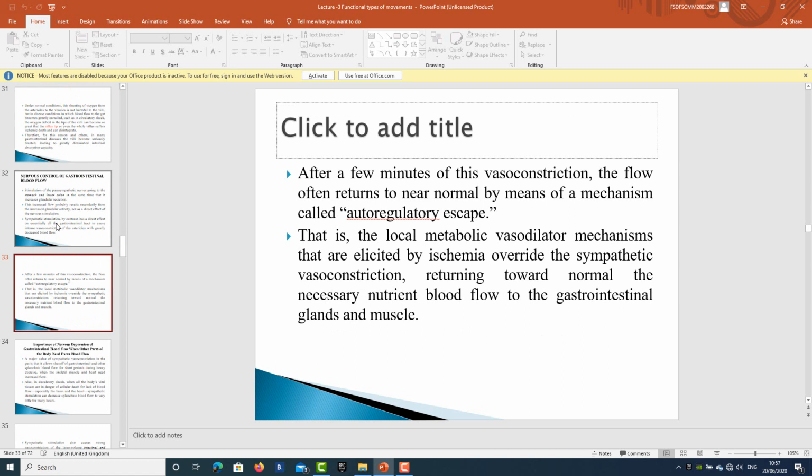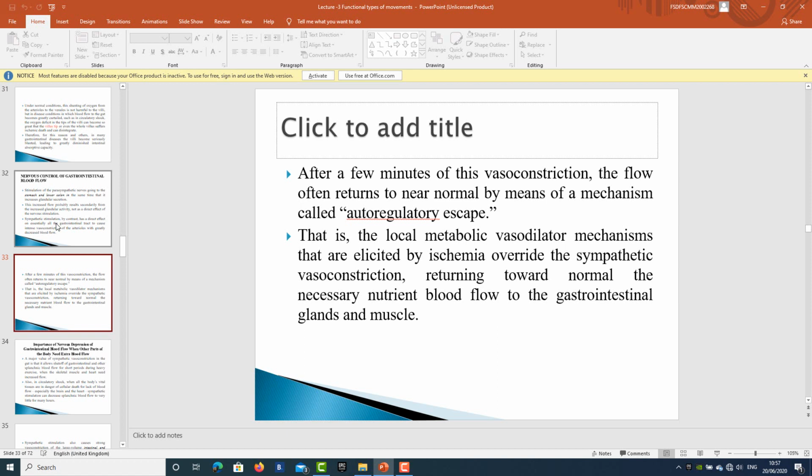After a few minutes of this vasoconstriction, the flow often returns to near normal by means of a mechanism known as autoregulatory escape. So, it is important to know what autoregulatory escape is.